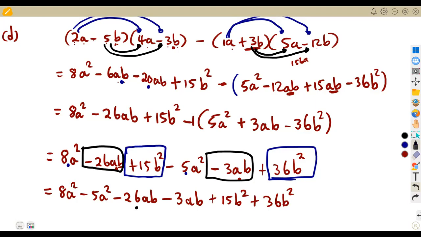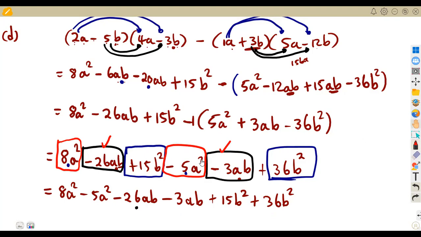Then the part of a squared and a squared, we took here, this one, 8a squared minus 5a squared. Then the part of negative 26ab minus 3ab, which is this one. Then the part of 15b squared and 36b squared, which is this one, right? So we've got our like terms there.